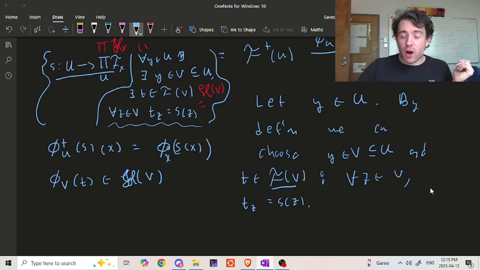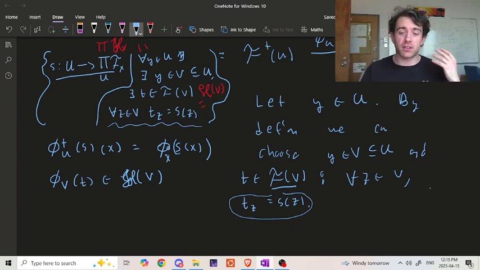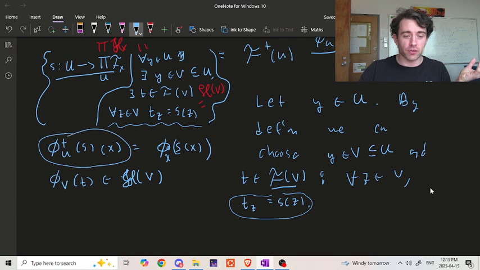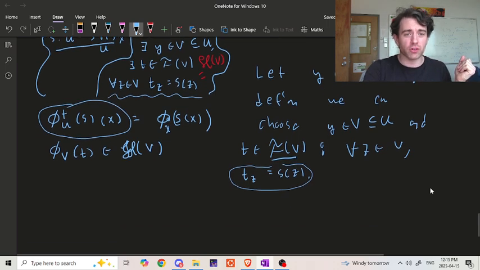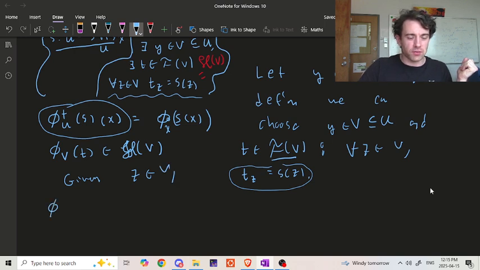And so this is my guess at what's going to be the appropriate section to take, and I just need to check that it satisfies this analogous property, namely that the germ at every point agrees with the value of this function. So let's go ahead and compute. Given z in V, let's compute the germ of this section phi V t.